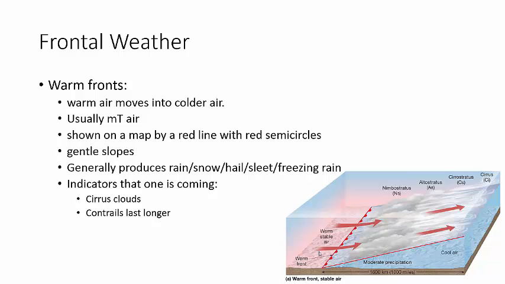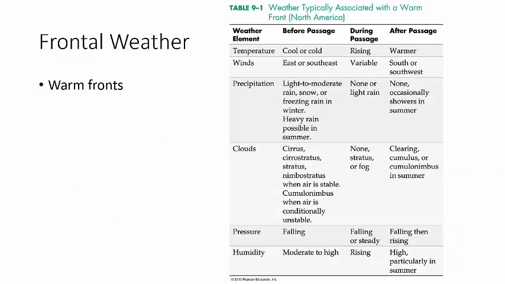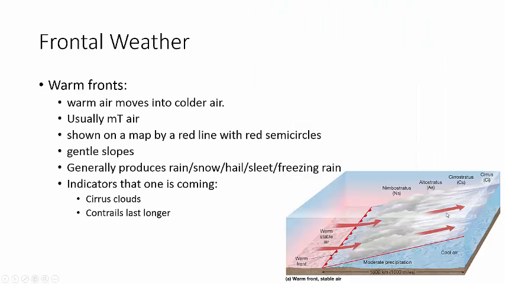So that's important. And they have these gentle slopes that they go up. You can see a nice gentle slope as it goes above the cool air. It slowly rises, and that's why it produces rain over a larger area, because the slope is so nice. It just kind of carries it on.